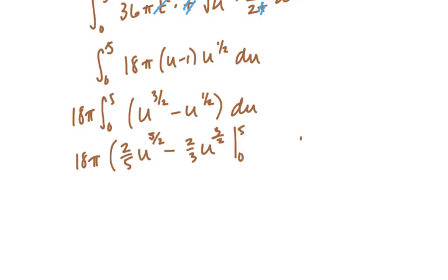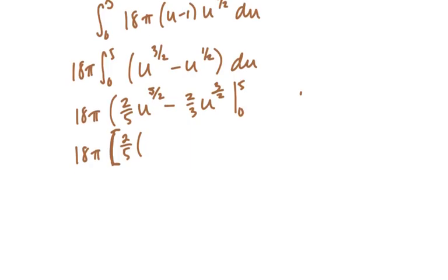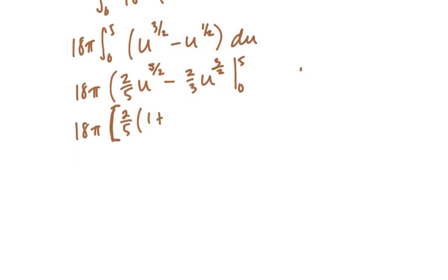Oh, what great numbers. So we have 18 pi, 2/5. Now remember u, let's make this a bracket. Remember that u is 1 plus t squared. So we have 1 plus t squared to the 5/2 minus 2/3 times 1 plus t squared to the 3/2 from 0 to 5.